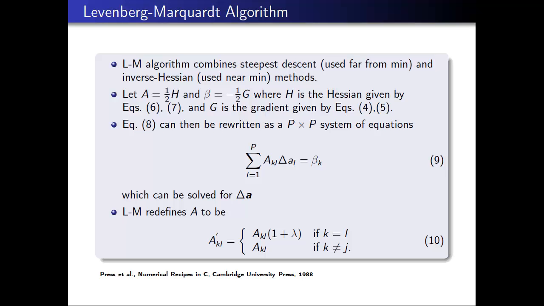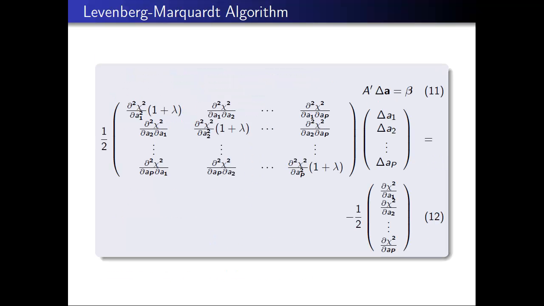As that lambda gets changed during the algorithm, it magnifies the diagonal of the matrix A, which is the Hessian. So written out in full glory, you have this matrix here with 1 plus lambda along the diagonal. You have your unknown, and here's your right-hand side, your b, your gradient.